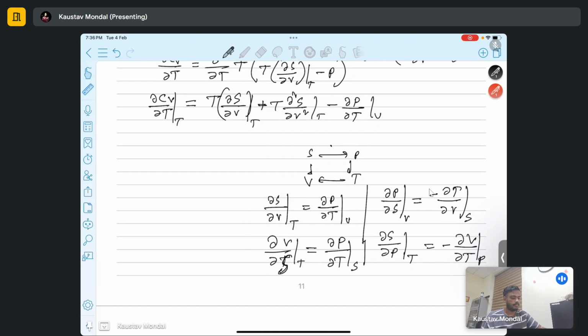So these are basically Maxwell's relations. You have to remember these relations actually. This relation gives us how the derivatives of thermodynamic quantities are related with each other, provided that one term remains constant. So now this formula we have to use in our problem also.